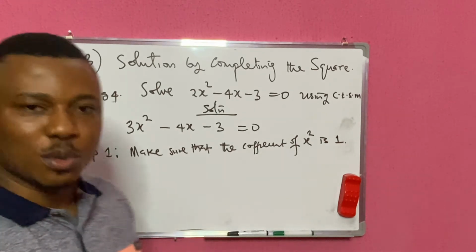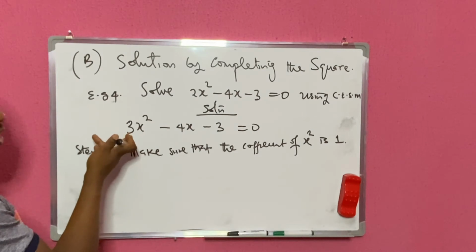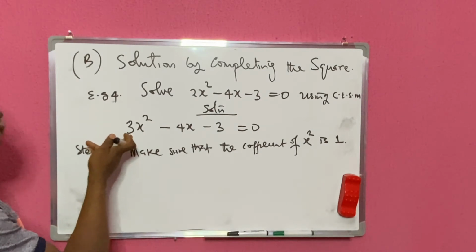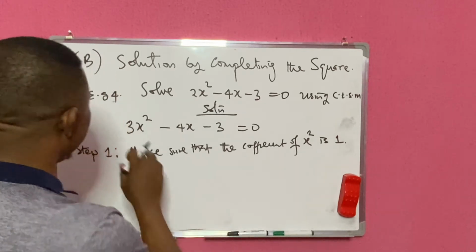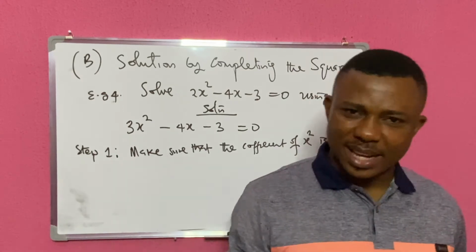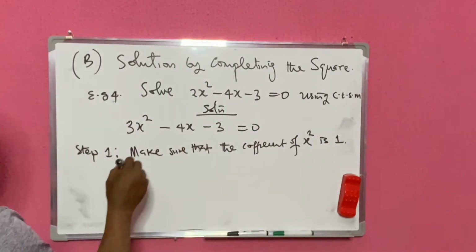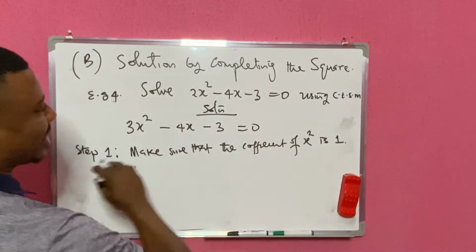You see, the coefficient of x squared is 3, not 1. So we must make it 1. How do we do that? We divide everything here by 3, both sides by 3.